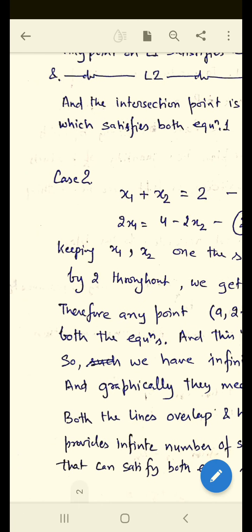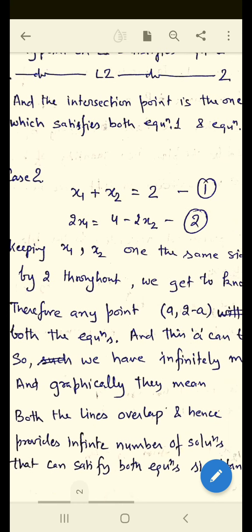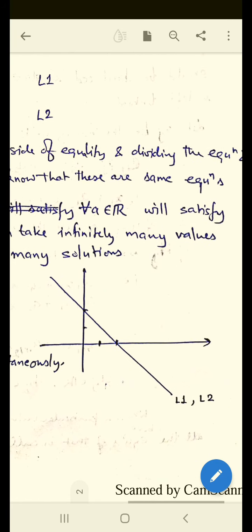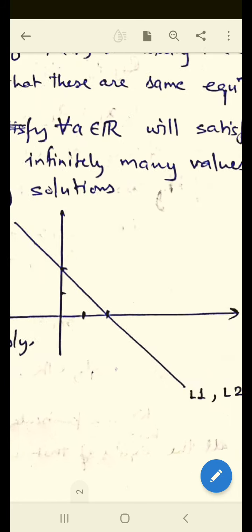Now consider case 2. Case 2 is a little bit of a special case. We say that x1 plus x2 is equal to 2 and 2x1 is equal to 4 minus 2x2. Interestingly, if you divide equation number 2 by 2, then by rearranging the x2 to the left side, we will get the same equation as equation 1, which means you will get the same line for L1 and L2 both.